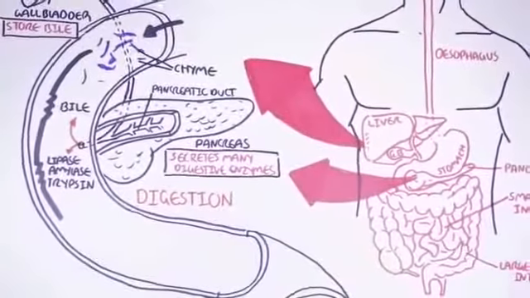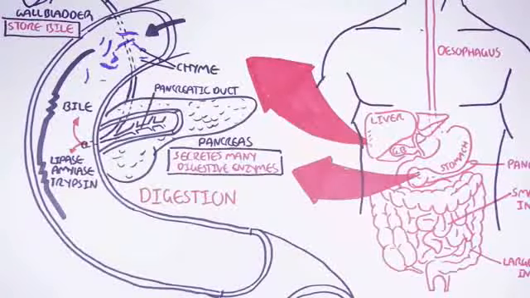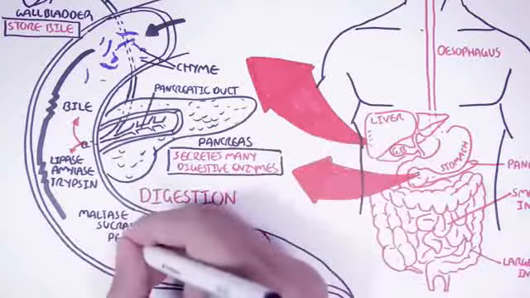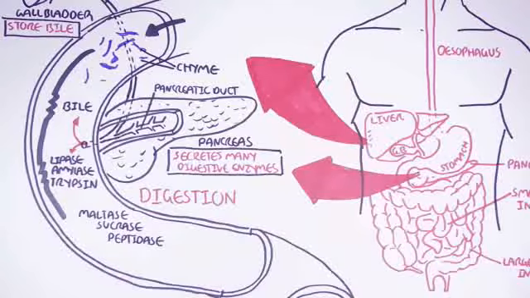The small intestine itself has some enzymes called brush border enzymes that are actually found on the cell membranes. These brush border enzymes include maltase, lactase, sucrase, and peptidase. The brush border enzymes are sort of the final step of food digestion.